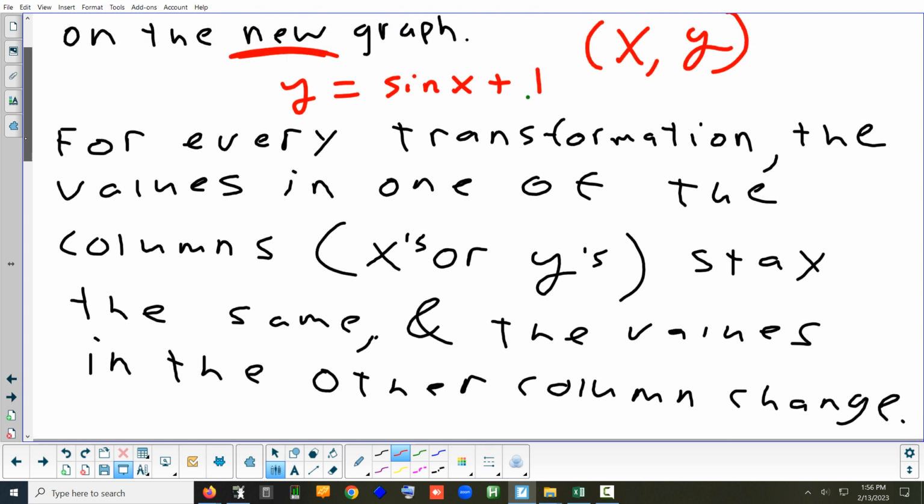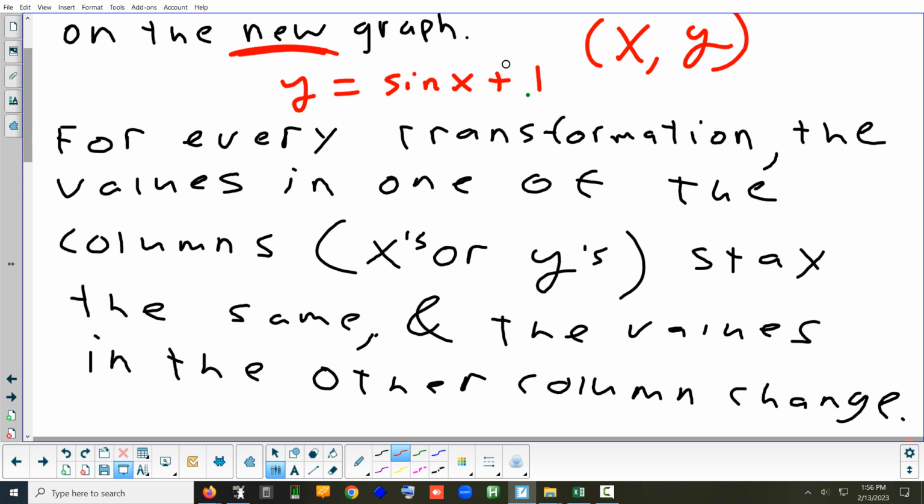The first one we're going to start with is going to do something like this. It could be adding or subtracting, but it's going to be inside the parentheses.